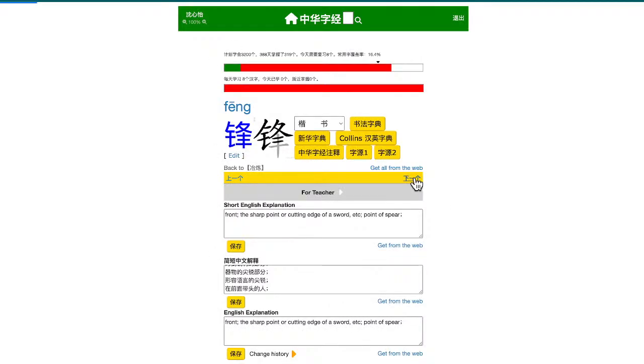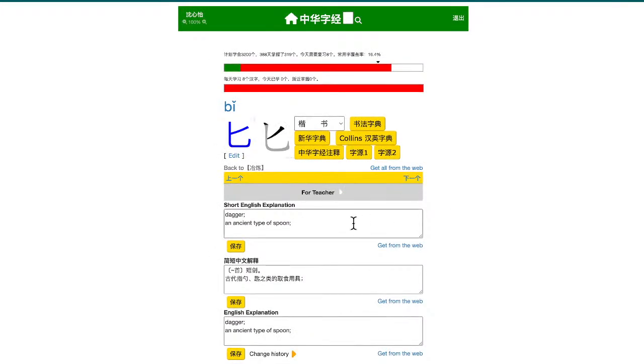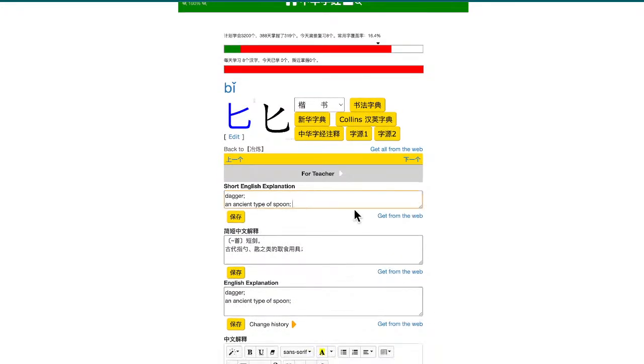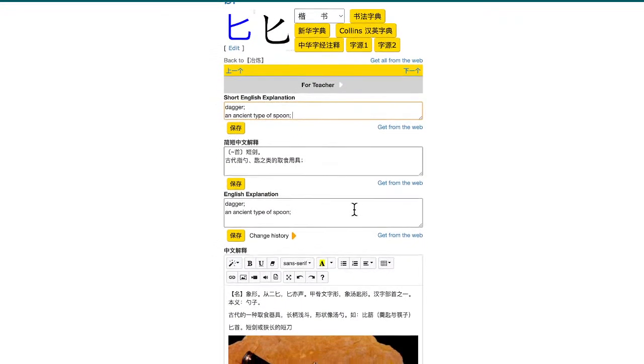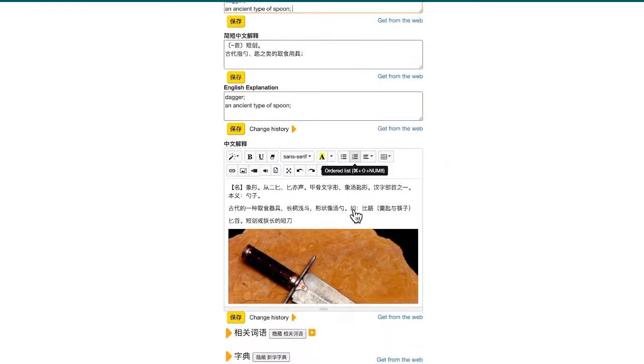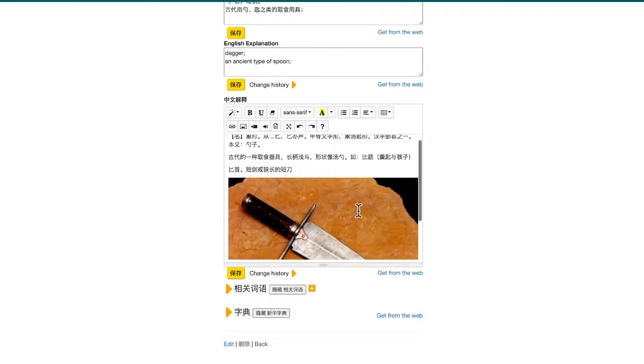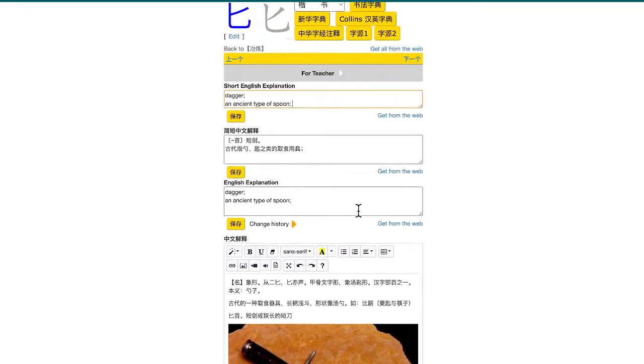Next one, bi. Now bi means dagger. In ancient times, it also referred to a type of spoon. So bi, dagger, things like that, basically a small blade weapon. Let's take a look at the character.